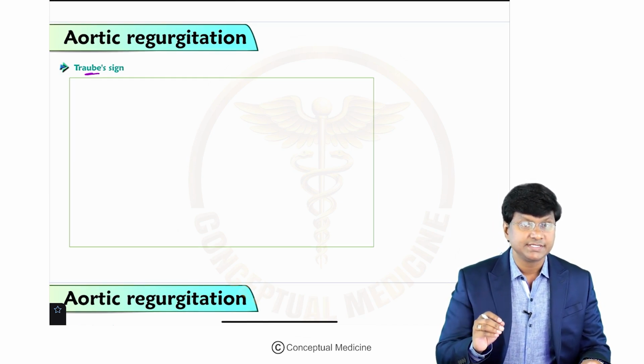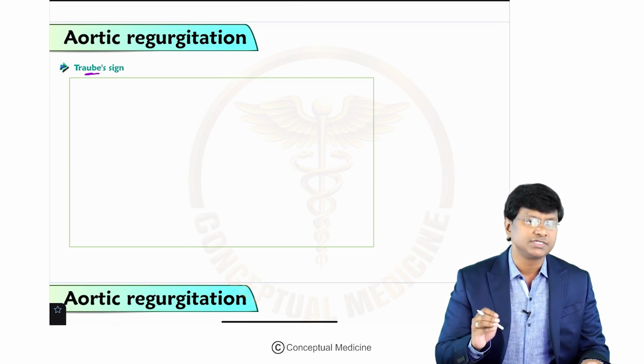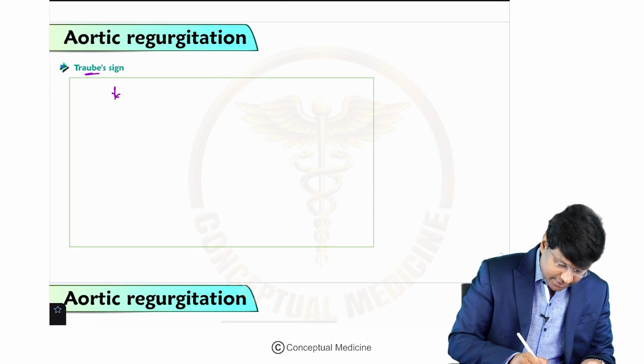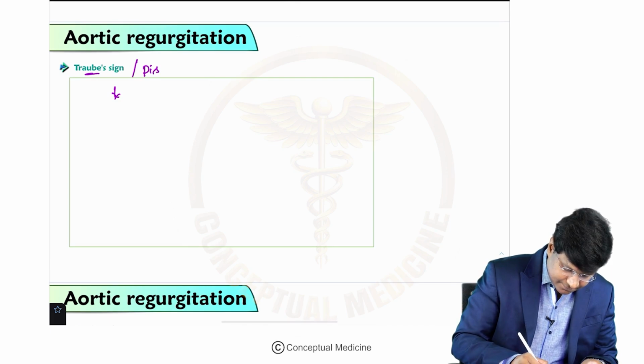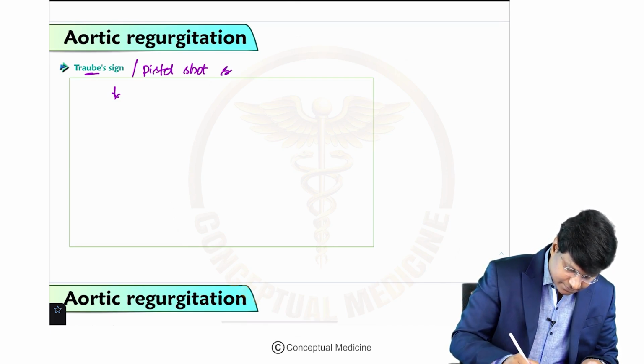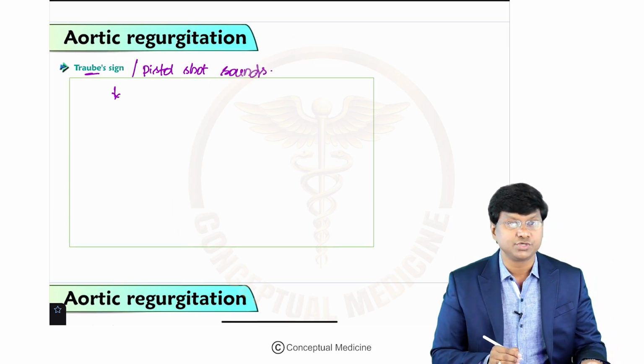See, what is this Traube sign? You will auscultate or hear pistol shot sounds over the femoral artery. This Traube sign is also called pistol shot sounds.